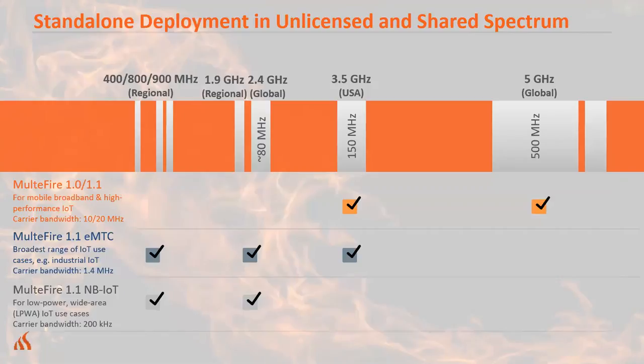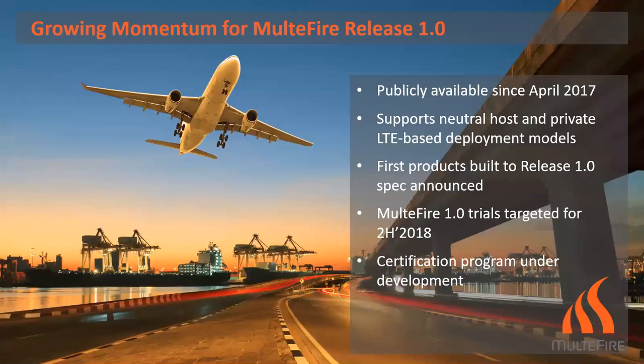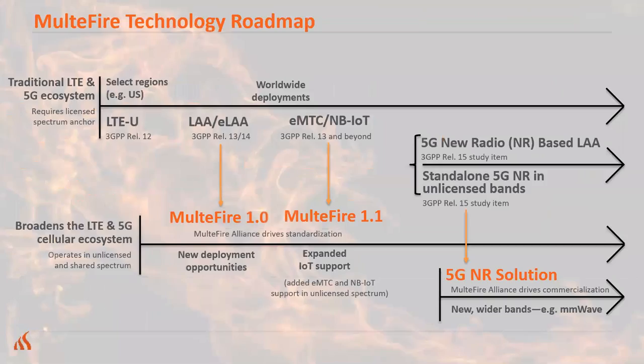Awesome, thanks. Will MulteFire adopt 3GPP's 5G NR unlicensed standard when it's released? Sorry, I didn't hear you. What was the question? Will MulteFire adopt 3GPP's 5G NR unlicensed standard when that's released? Right. We had that roadmap slide earlier as well.